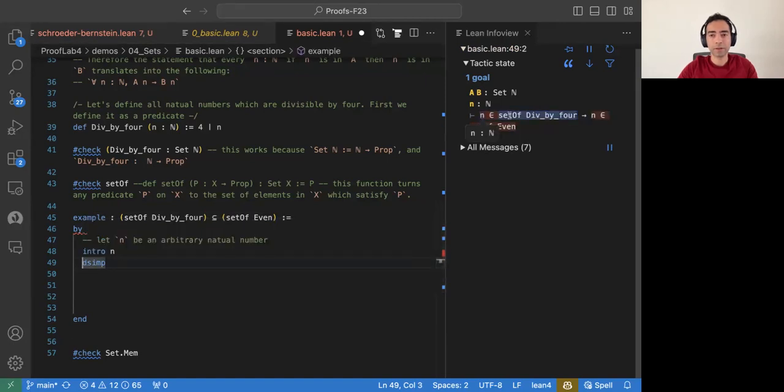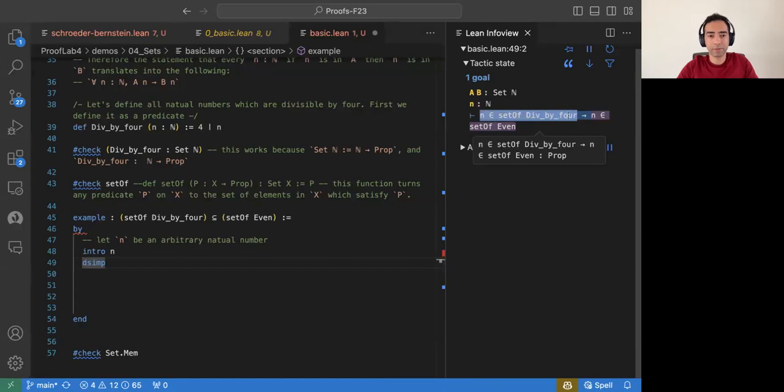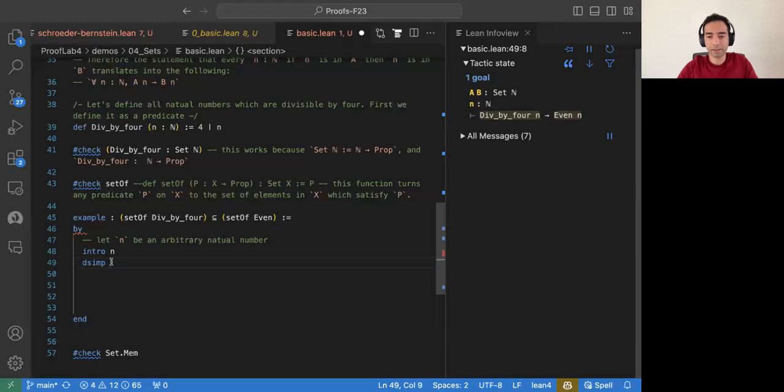This says if n belongs to the set of numbers divisible by 4, then n belongs to the set of even numbers. But remember, how was this set defined, set of? Well, it was just all natural numbers which are divisible by 4. So in other words, this premise says n is divisible by 4, and the conclusion says n is even. And dsimp exactly does that. It simplifies.